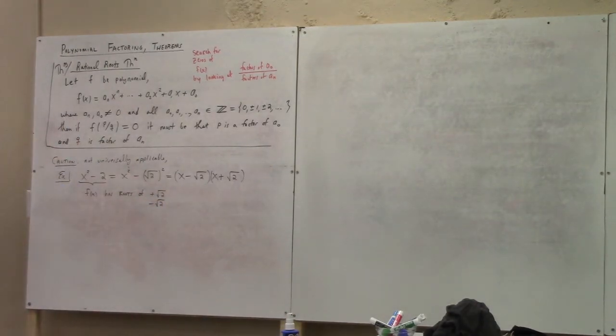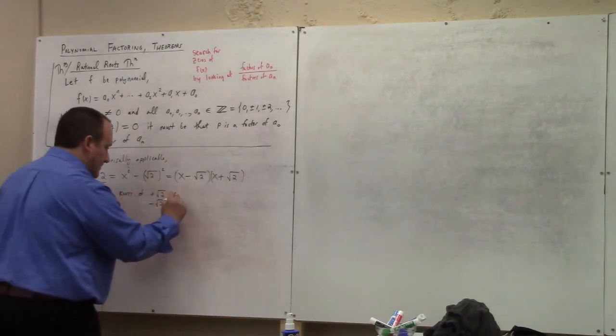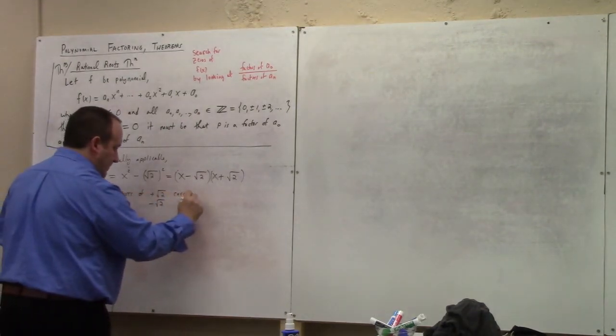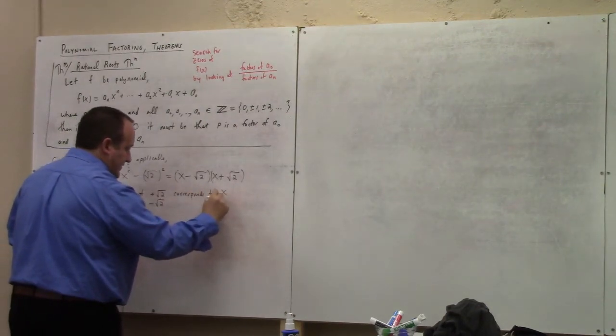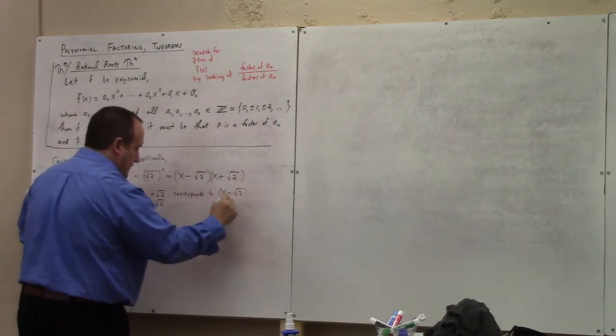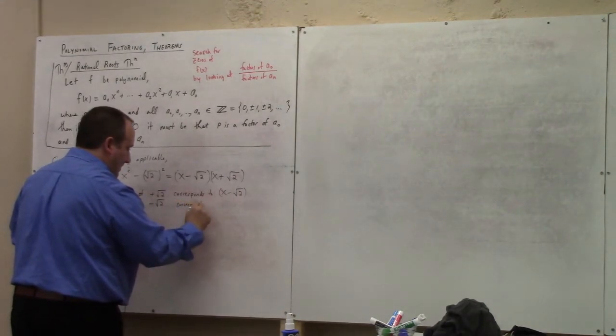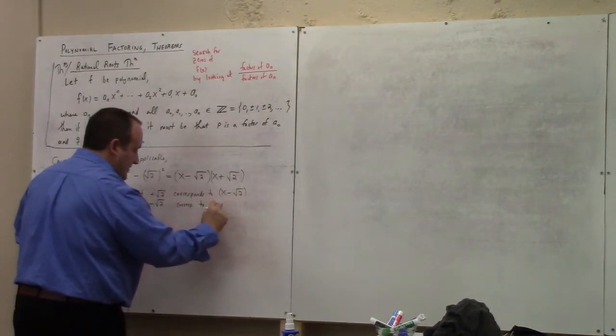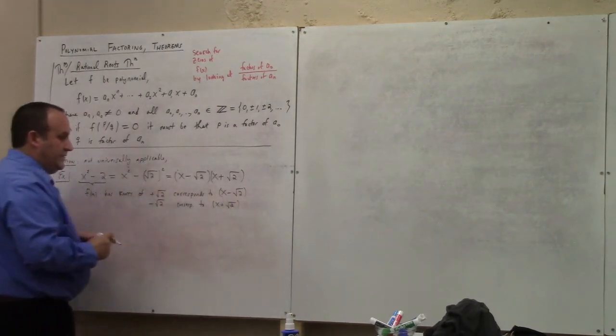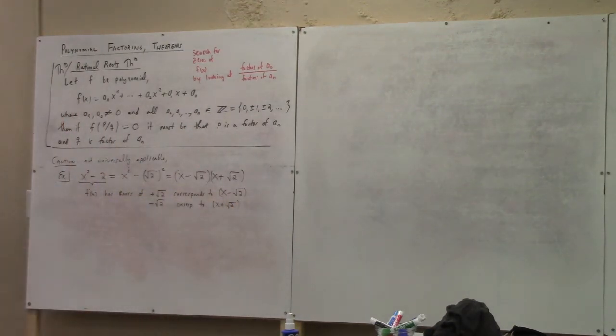The root plus the square root of 2 corresponds to what? The x minus root 2 factor. And the other one, minus root 2, corresponds to x plus root 2. Right? Remember, there's this correspondence.